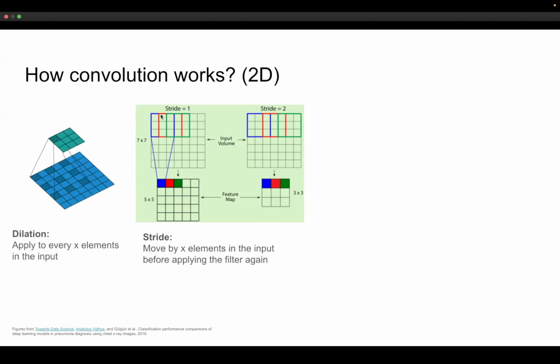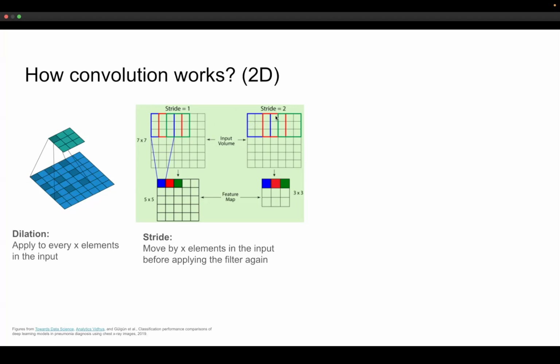And then the second square will be this red square, from which we get the second element. And the third element will be coming from this green square. So when we go from blue to red to green, and we move one element at a time, that corresponds to a stride size of 1.